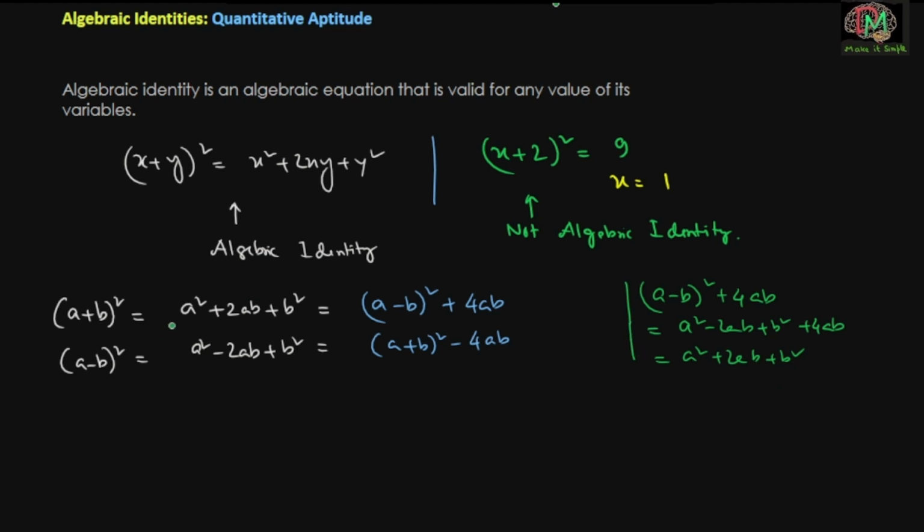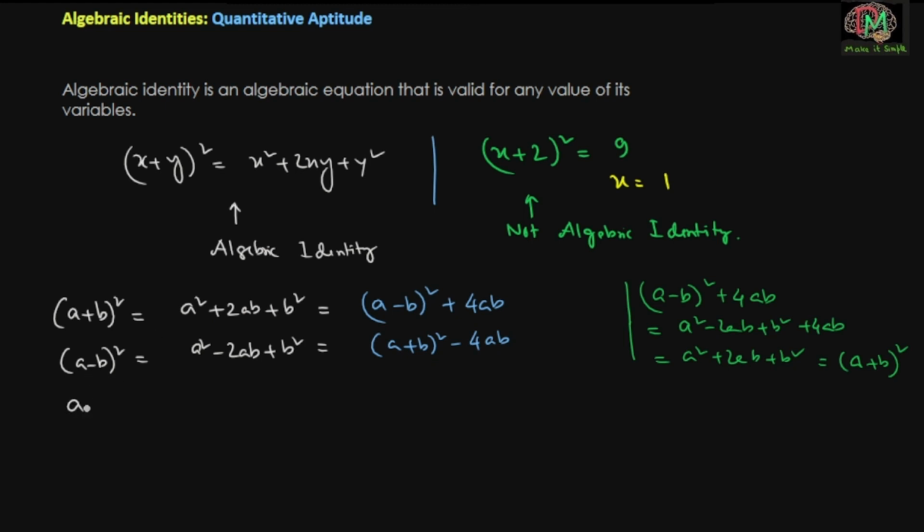So it is similar to the middle expression, or from here also you can write it as (a + b)². Only you have to remember this part, and this part you can remember with the derivation.